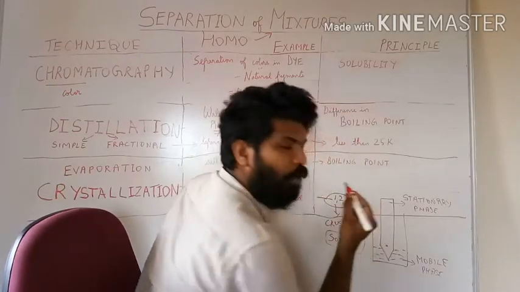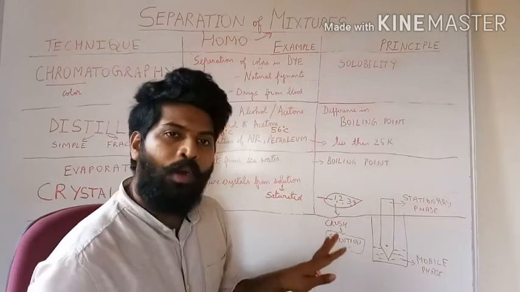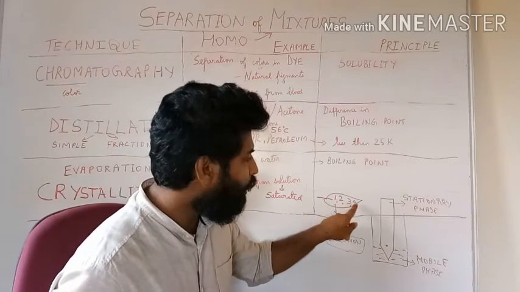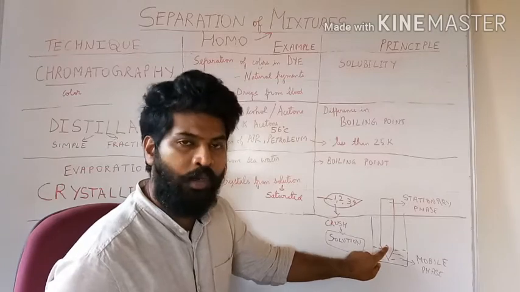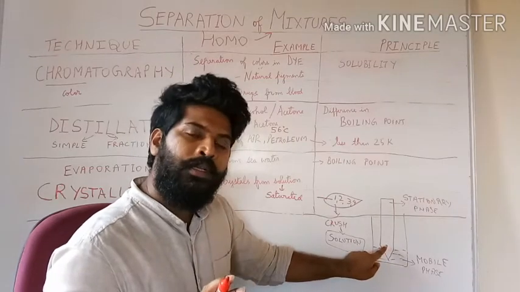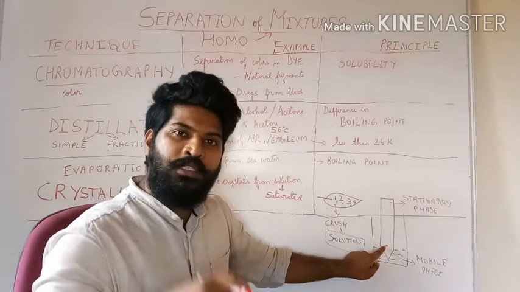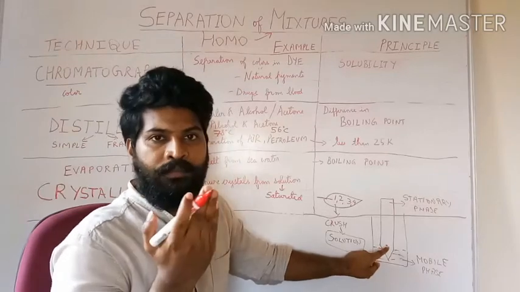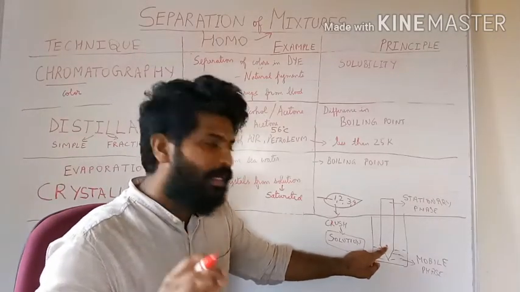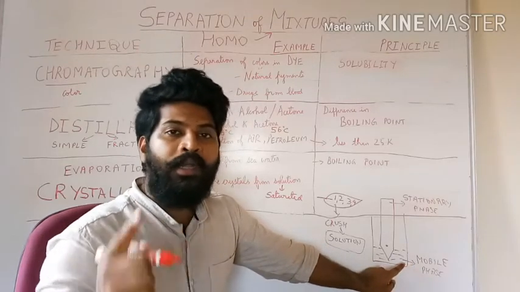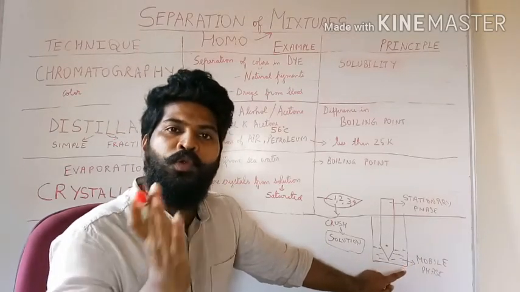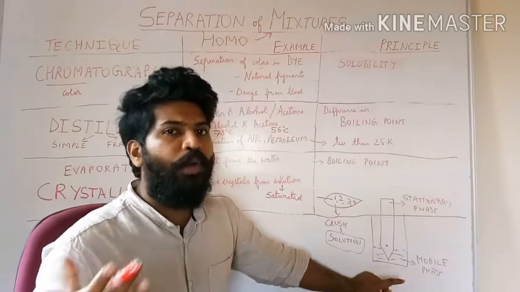Now, there are 4 components present in our sample in the spot. Whichever component dissolves faster will be carried faster. Whichever component does not dissolve in this mobile phase or is not attracted to the mobile phase will move slower or may not move at all.